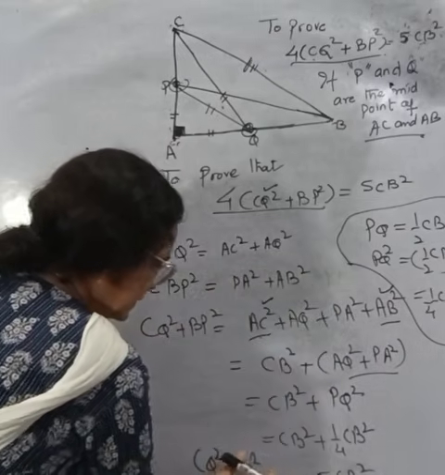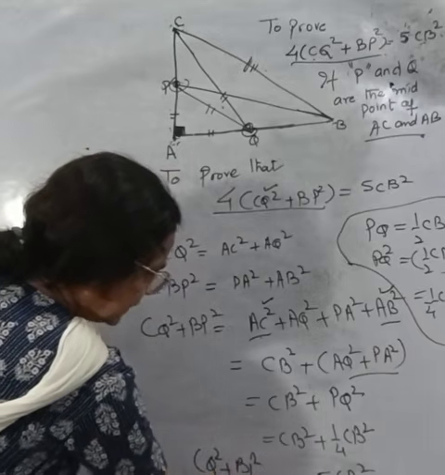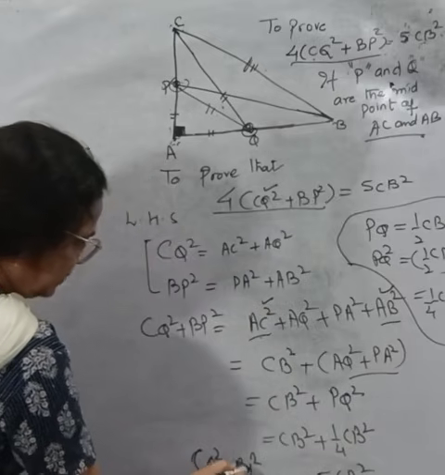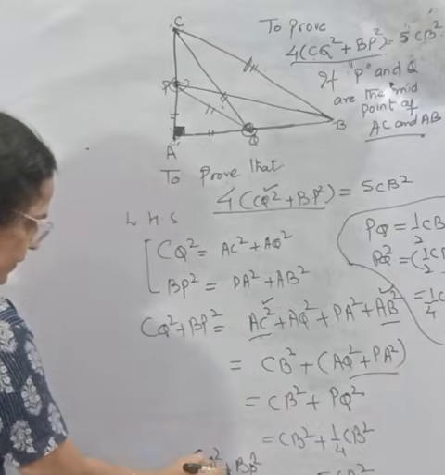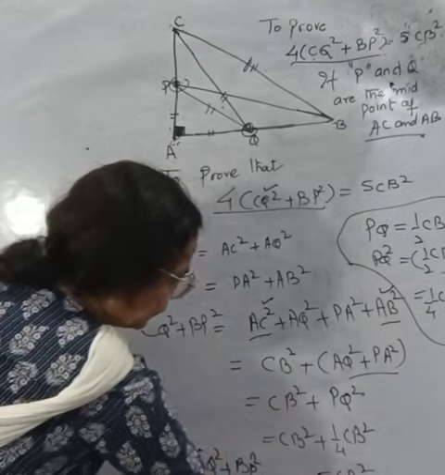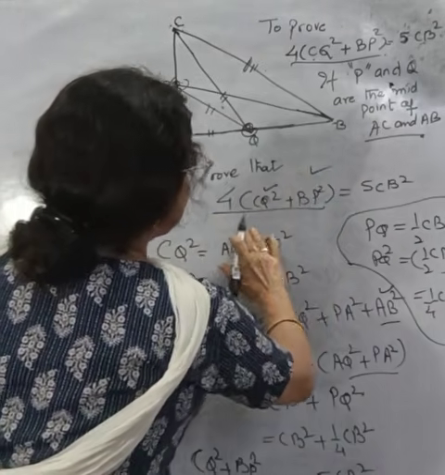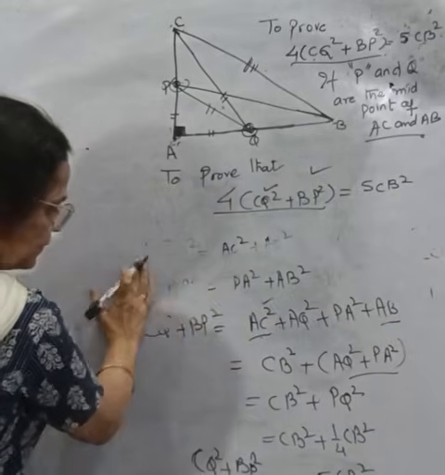Clear? This 4 will get multiplied with CQ square plus BP square. This is BP square. Okay, this is BP. So it gets proved. Hence proved. This is proved. Correct?